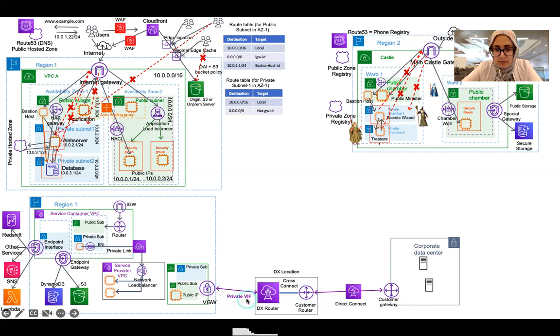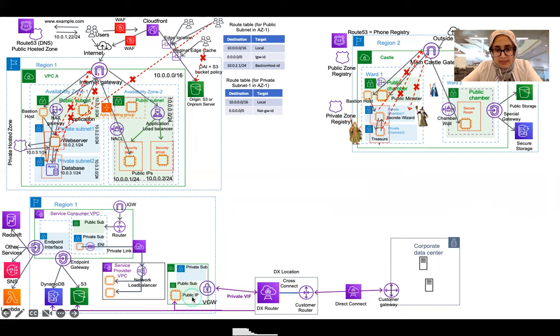VIF stands for virtual interface or something like that. I don't remember, but it doesn't matter at this point, right? What it means is, to securely connect to a VPC, you use a private VIF. If you want to reach out to a public service like S3, then you will be using something called a public VIF.